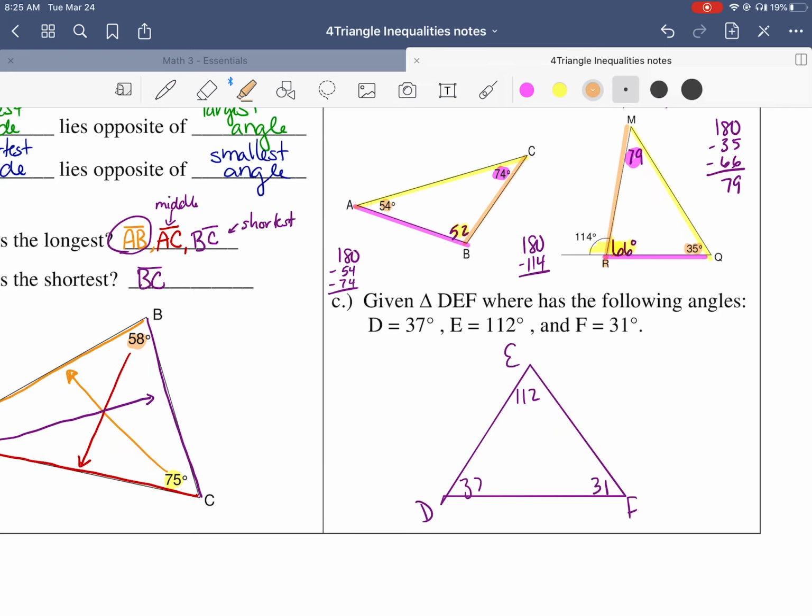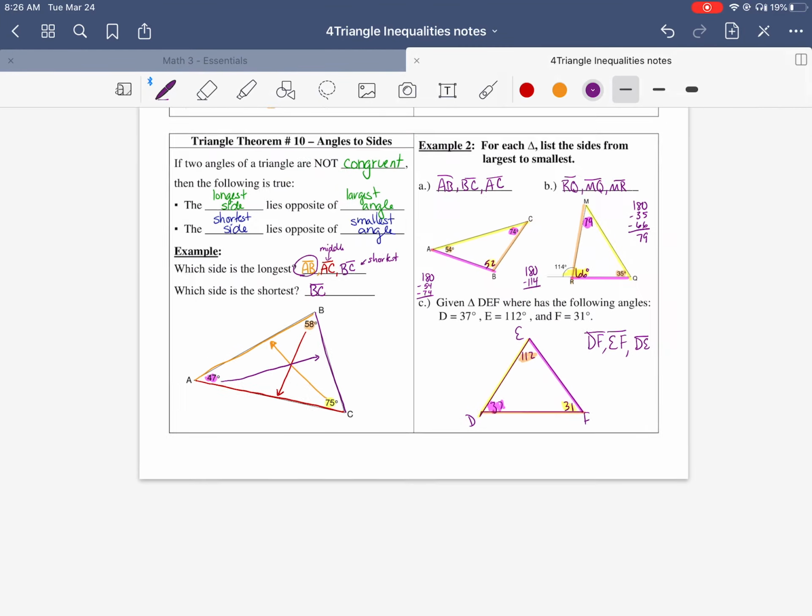Real quick, largest, next, next, and last one, 31 across from DE.